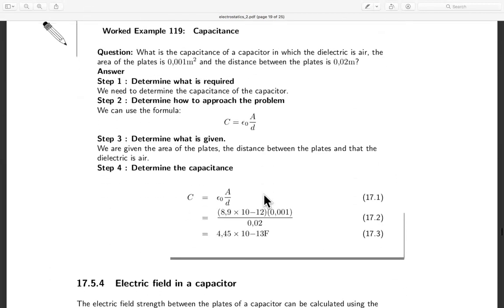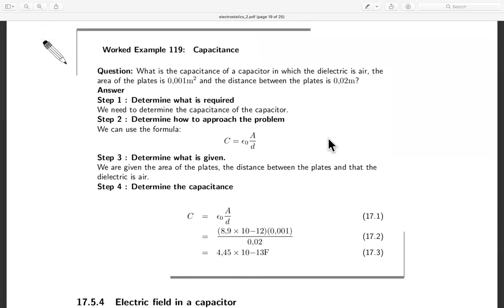We will do an example. What is the capacitance of a capacitor with air between the plates, where the plate area is 0.001 meter squared, and the distance between the two plates is 0.02 meter?